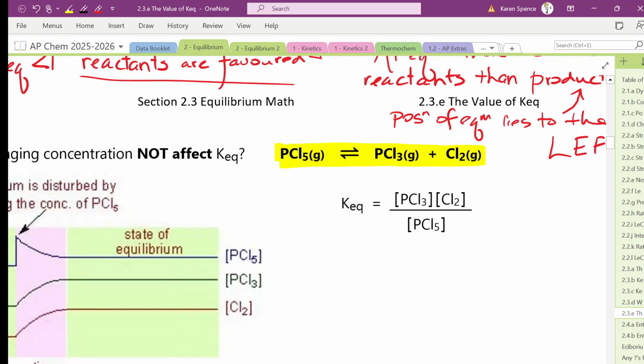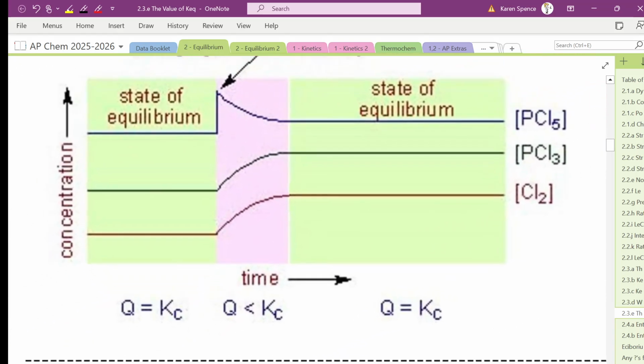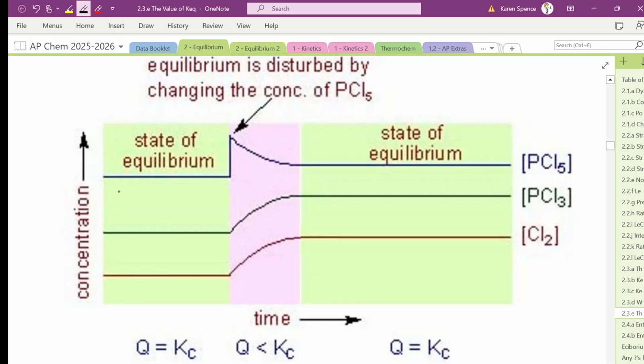Let's look at our original equilibrium, and we're going to stress or disturb it by changing the concentration of PCl5.